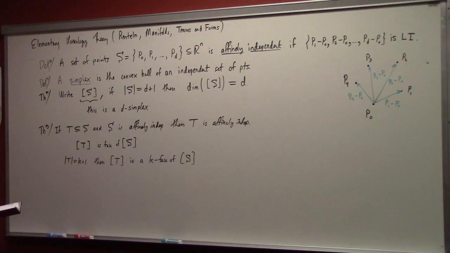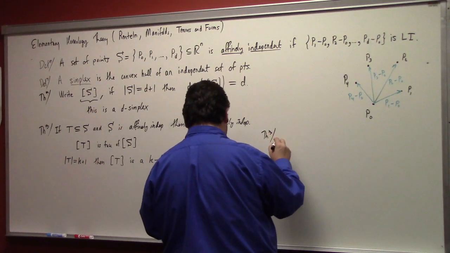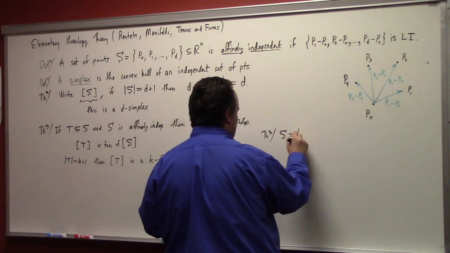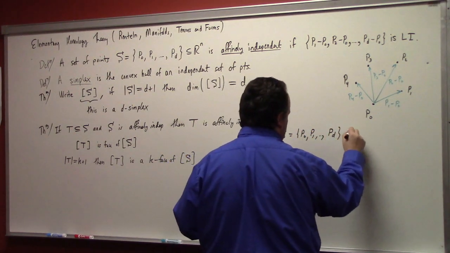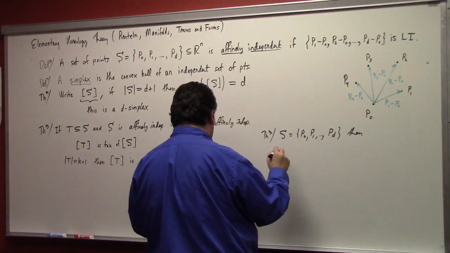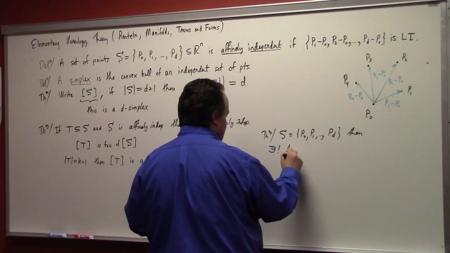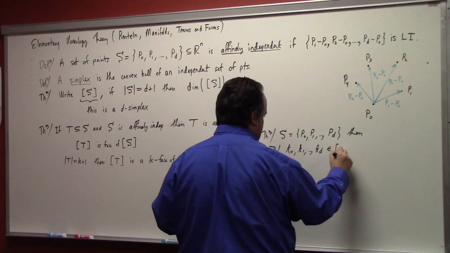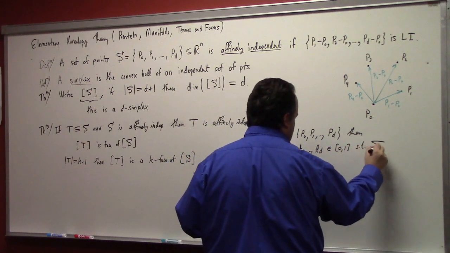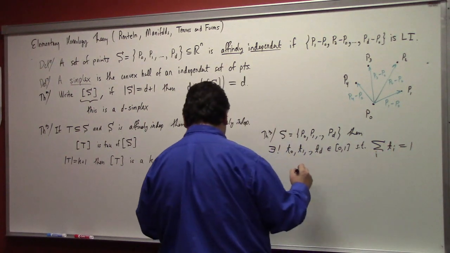Exercise 5.2 is a kind of coordinate theorem. It says this: if S is equal to, say, P0, P1, dot dot dot PD, then there exist unique T0, T1, dot dot dot TD in 0 to 1 such that the sum of the T sub I is equal to 1.